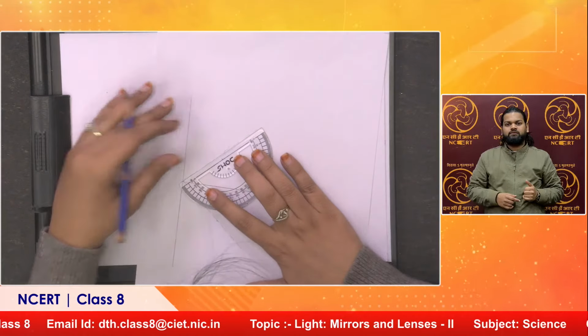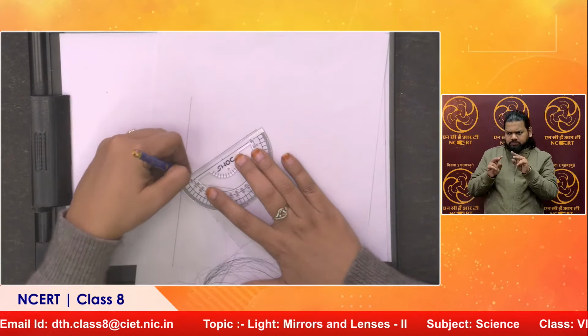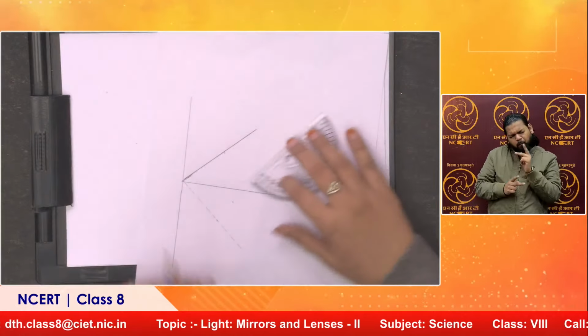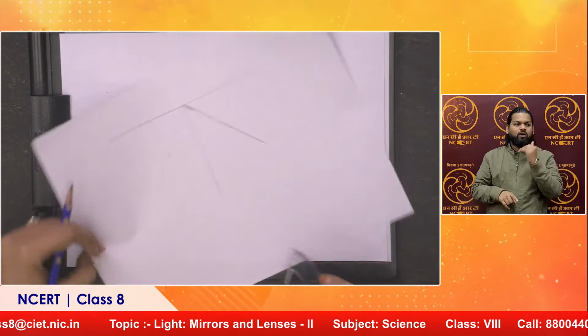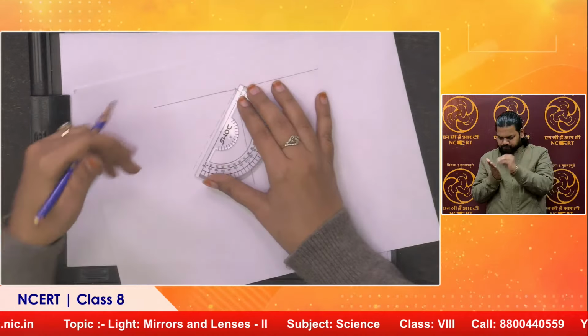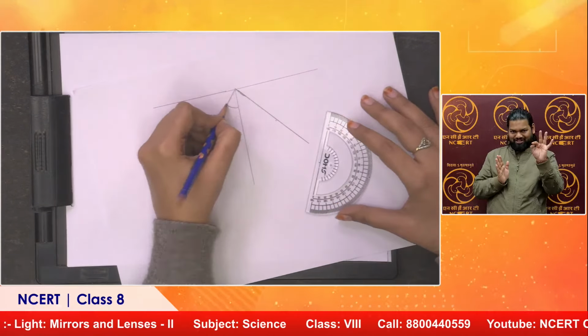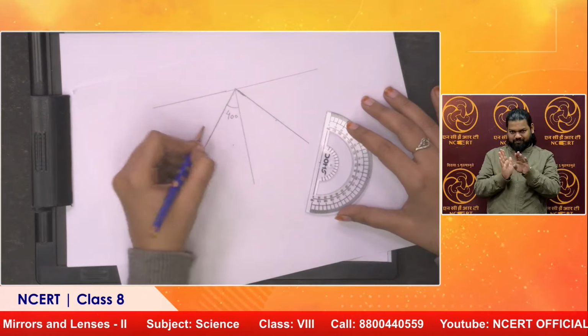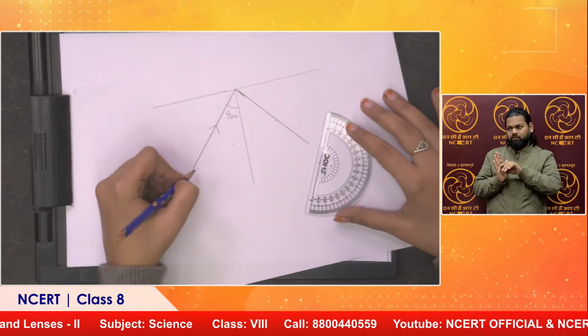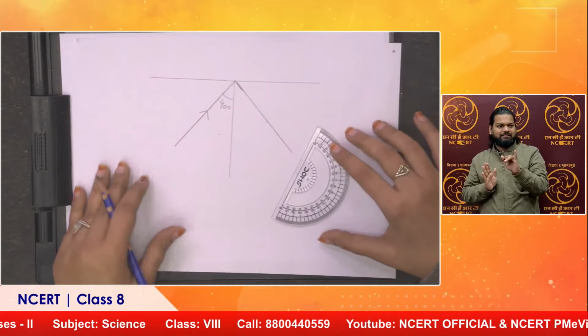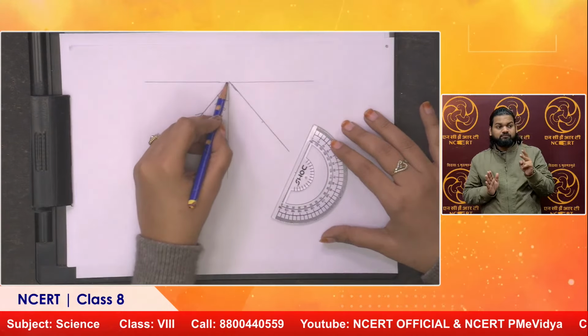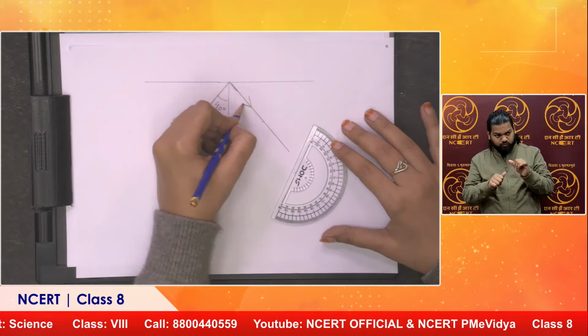And guess what? The observation is exactly the same, because the angle that I have taken for incidenting the light was 40 degrees, this angle. And what we did, we incidented the light, and it got reflected.